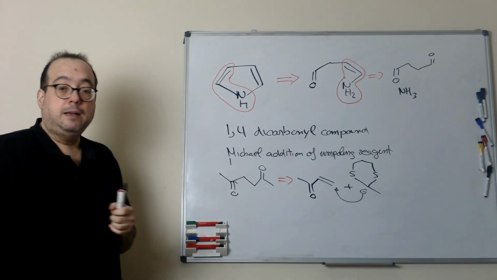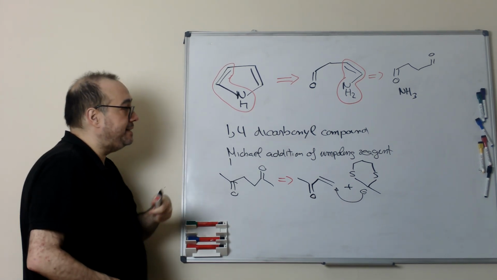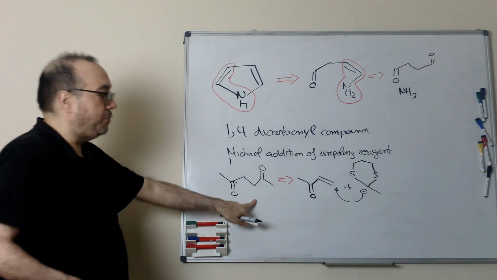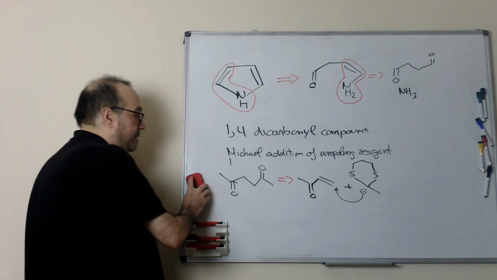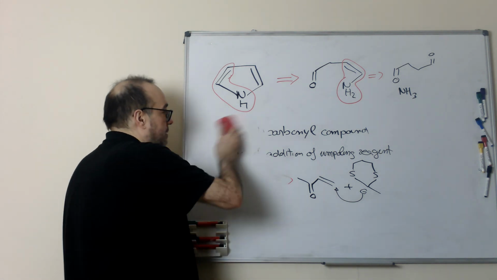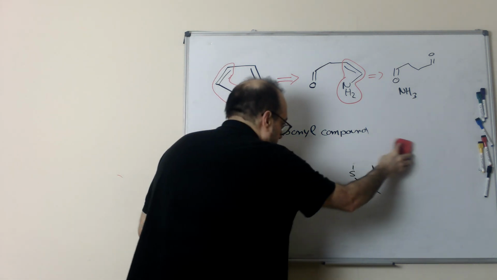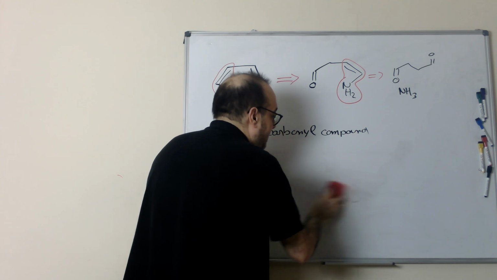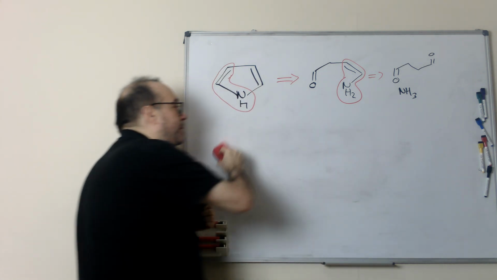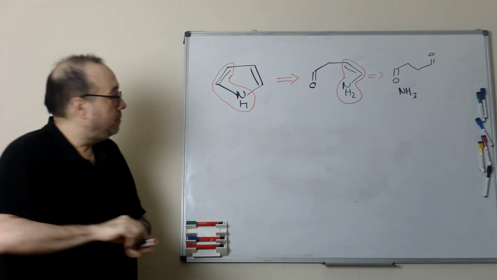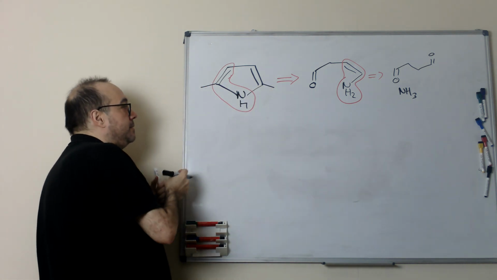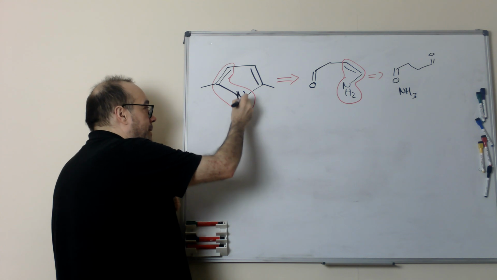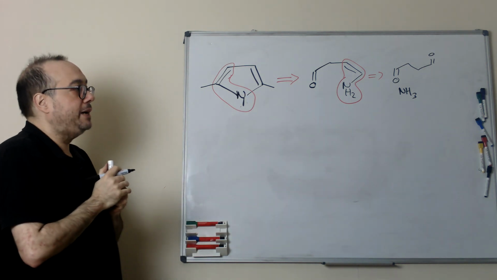Then how can we synthesize pyrroles from this 1,4-carbonyl compound that we already synthesized plus an amine? We will put an example and do the mechanism step by step. We want to synthesize this pyrrole with two methyls here, and here we will put another methyl. How can we do it?